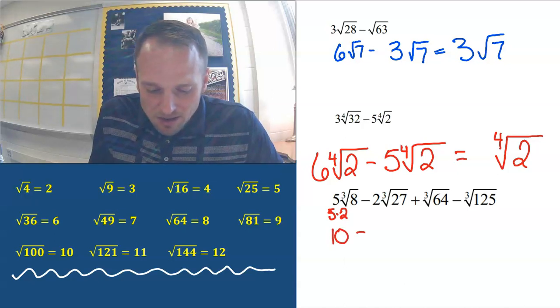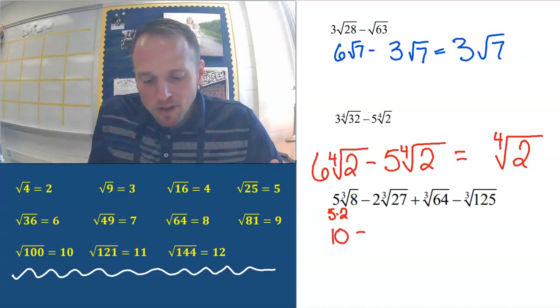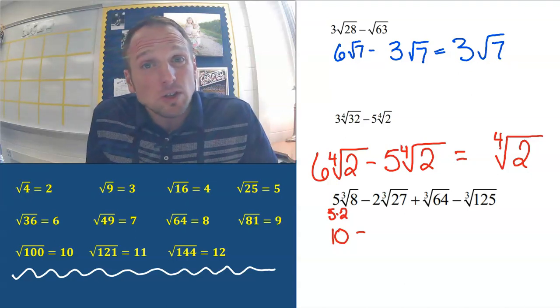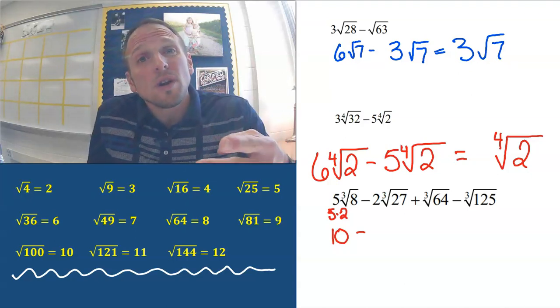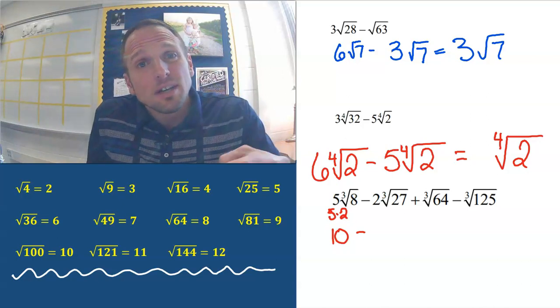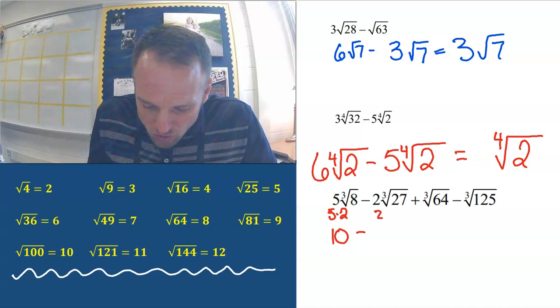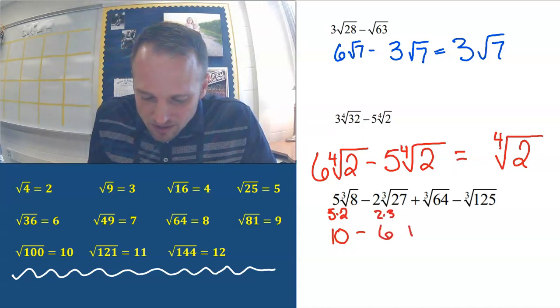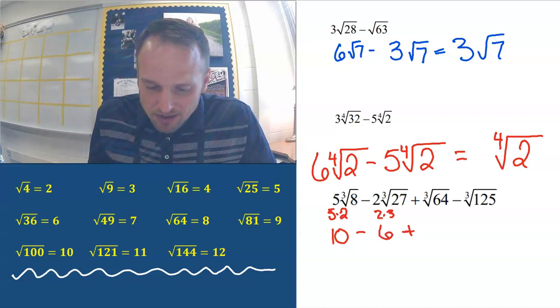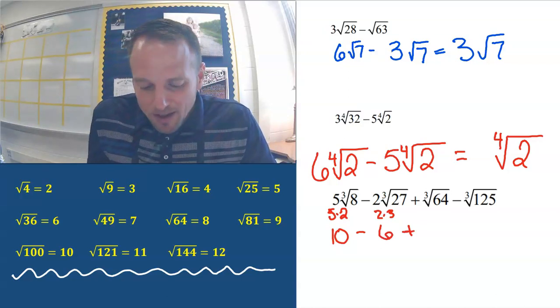Okay, that's nice. Let's look at this next one. Third root of 27. Third root of 27 is awesome because that's just 3. 3 times 3 times 3 is 27. So this is just 2 times 3, which is just 6.